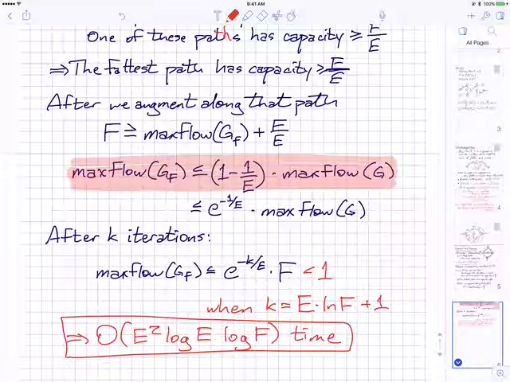Okay. Now, per iteration, as I said before, this is a little bit worse. With the standard Ford-Fulkerson algorithm, you get something that's just basically E times F. Here you get an E squared, and there's an extra log. But on the other hand, if you think of the input as being encoded in binary, this is actually a polynomial time algorithm, because you're only depending on the log of the flow value rather than the flow value as a number.